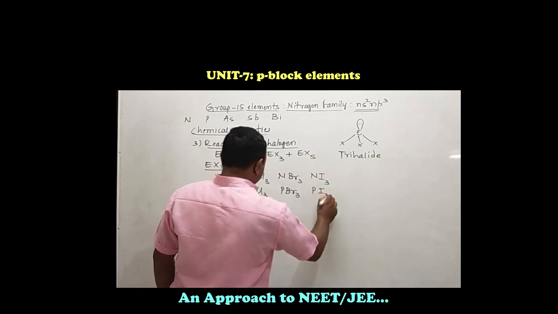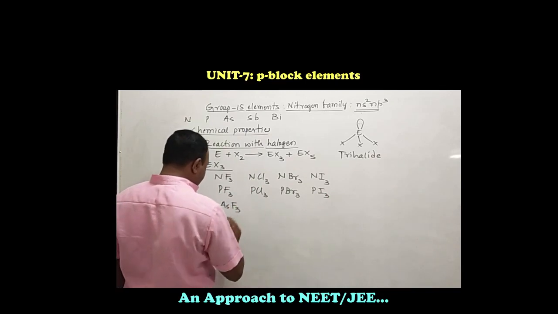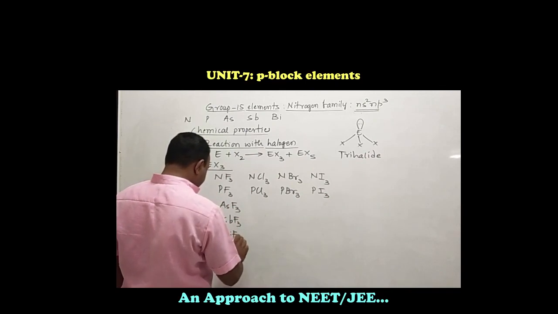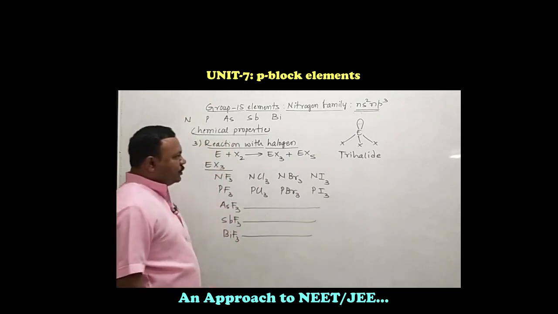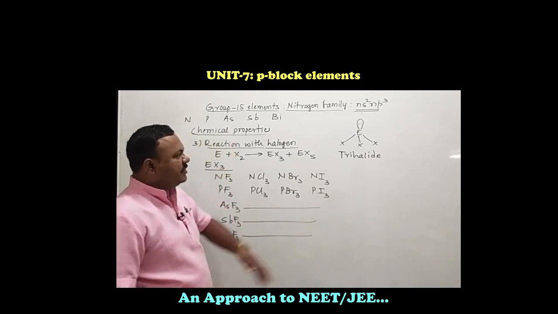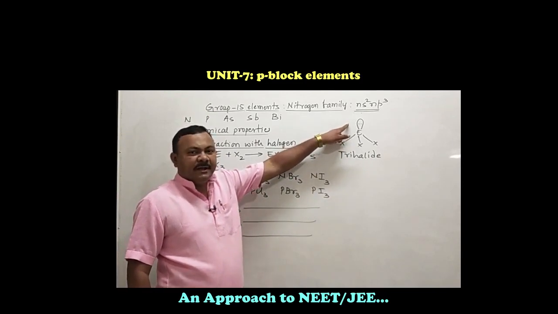It continues. We can write the halides for even arsenic, antimony and bismuth. This continues. When you concentrate on the structure of the trihalides, they are having once again a pyramidal structure with a lone pair on the central atom.